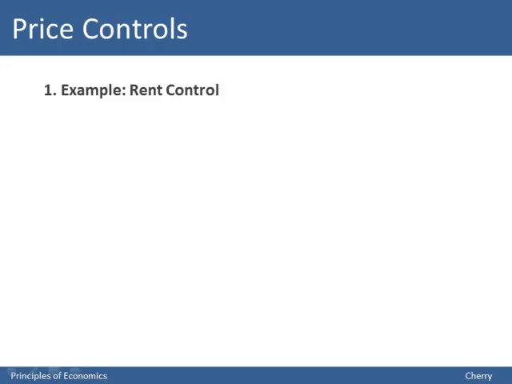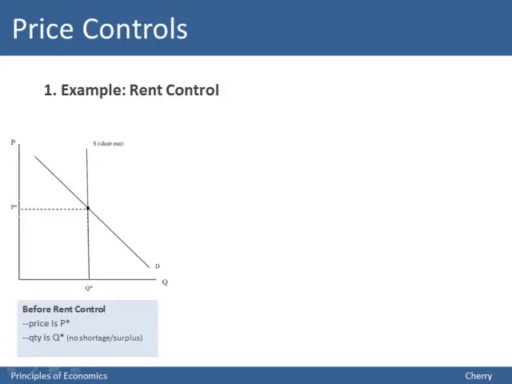So let's look at an example of rent controls with elasticity. First, we're going to look at the market for rental units without rent control. And you'll see that you have an equilibrium price and quantity, P star and Q star, and you have the demand curve and the supply curve. What's unique about this is that we have a vertical supply curve.